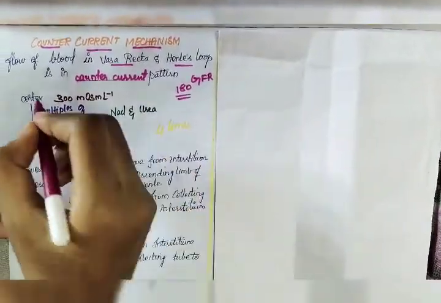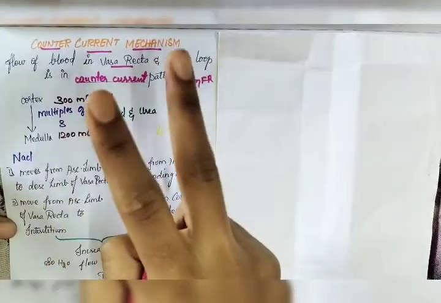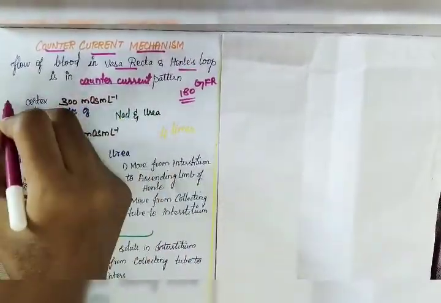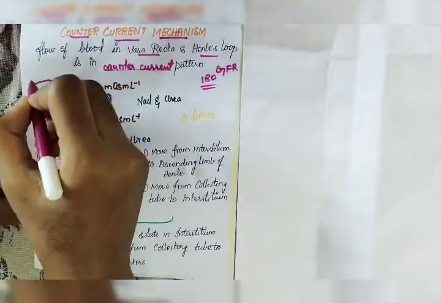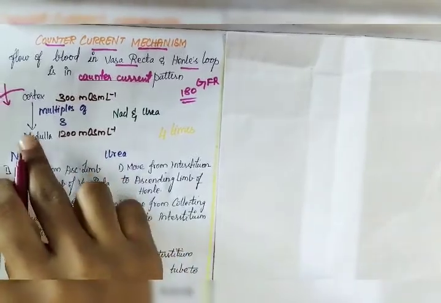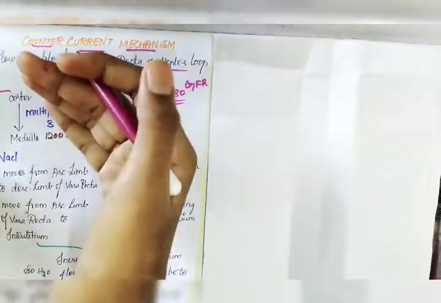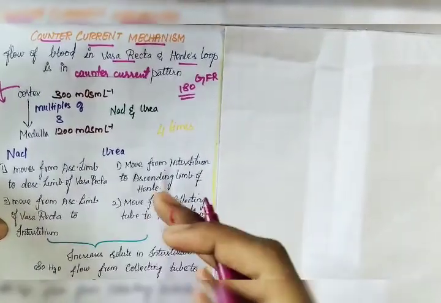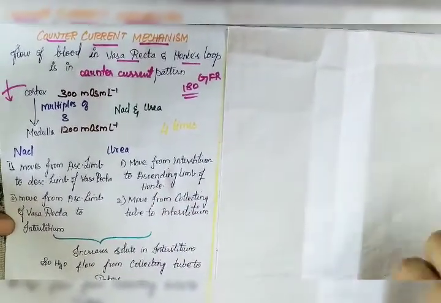In our kidney we have two layers, correct? The outer part is the cortex and the inner part below this is the medulla, correct? In the medulla, as the nephron reaches down from the cortex to the medulla, the solute content increases.